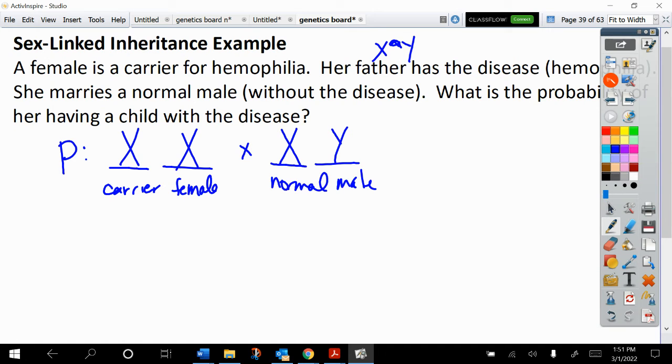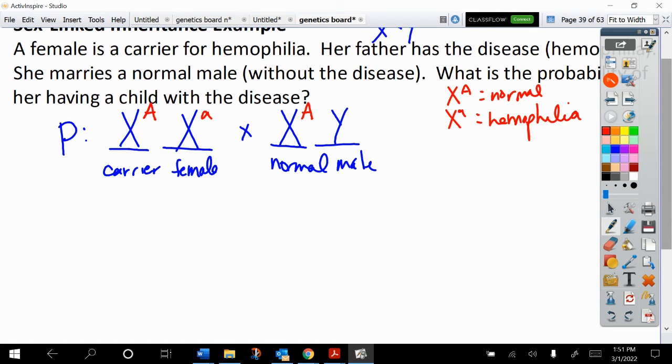And so if we go ahead and we put in our alleles, we'll say that X capital A is normal, X lowercase a is hemophilia. So for the carrier female, she has one of each, so X capital A, X lowercase a, and then the male has the dominant allele, so it would be X capital A, Y.